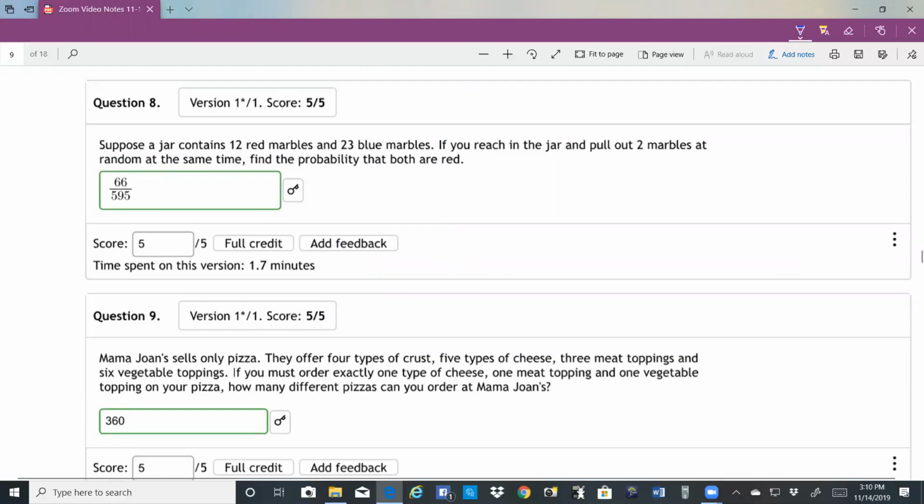Now, a jar contains 12 red marbles and 23 blue marbles. If you reach in the jar and pull out 2 marbles at random at the same time, find the probability that both are red. Well, first you need to count up the marbles. There are 35 marbles.